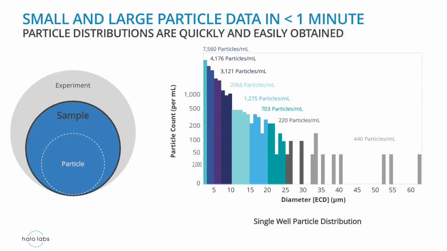At the next level, we have sample-wide information. That means characterizing how many small particles and how many large particles are present in a given well. This graph on the right is a standard particle size distribution for a protein biologic where there are lots of small particles, just a few microns in size, and very few large particles. That's important because we do not want to have many big particles.